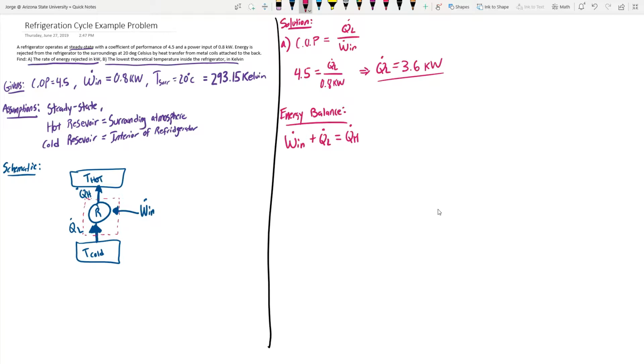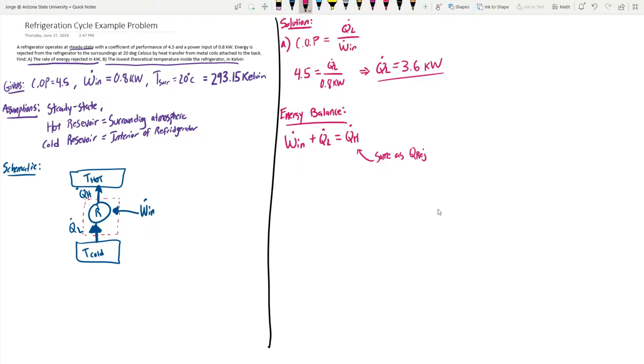So entering equals the leaving, right? And we know all these values. Since we're trying to find the rate of energy rejected, the Q rejected is our QH in this case, because it's rejected from our system here. Since this is our system, this is the only one leaving our system. So this is the same as Q rejected.